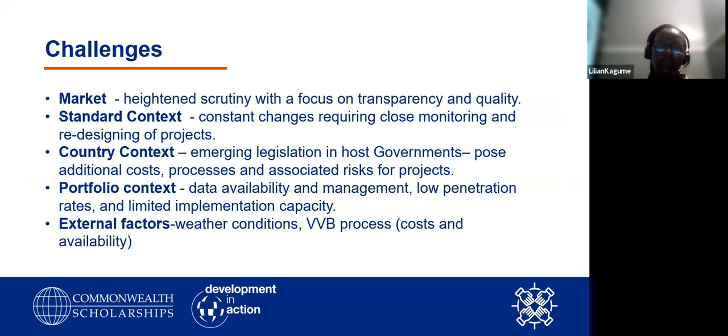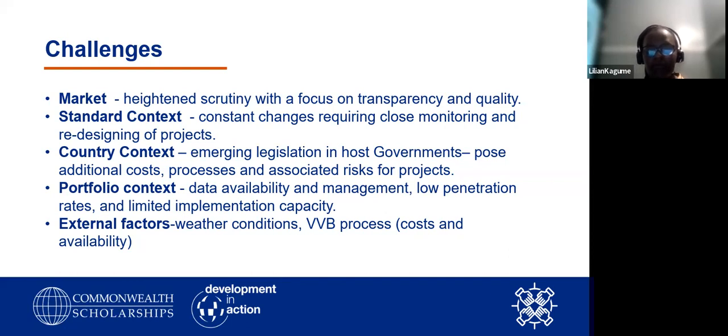jobs against that. So what are some of the challenges we are facing in the carbon asset development sector? There's heightened scrutiny, and a high call for transparency and quality improvement. So databases must be credible and very transparent. The standards are changing, with new rules and new methodologies every day, so you have to keep a lot of monitoring on this and redesign the projects to meet these requirements.